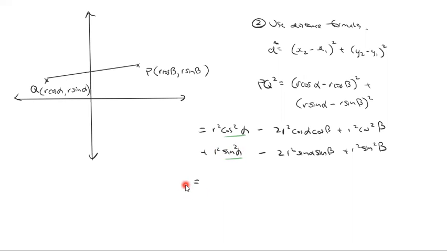Oh, so it should be 1. Can you do anything with this? It should be 1 as well. Right. So basically, we'll factor out r squared, right? Yeah. And once we have factored out r squared, then this becomes 1 minus 2 cos alpha cos beta.